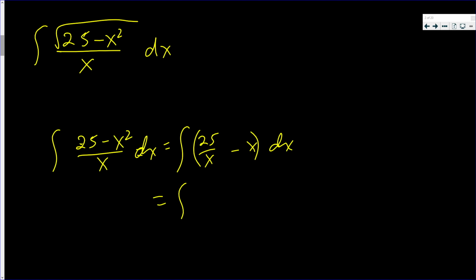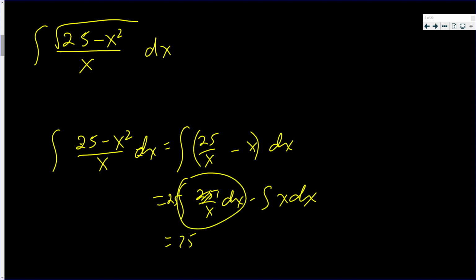That's the integral of the first function dx minus the integral of the second dx. And this 25 can come out in front. So this integral is just 1 over x dx, which is ln of x minus x squared over 2.